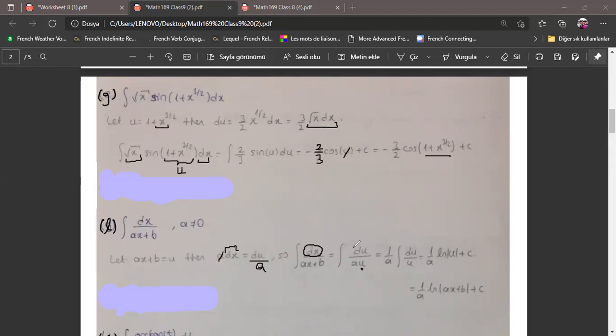So instead of dx, we write du over a. So we have this integral. Now you see we take the integral with respect to u, so we have 1 over u there, right? If we write this a outside, we have 1 over a times this integral. So the integral of 1 over u is equal to ln of u, plus some constant. And u is equal to this, ax plus b, so we get this.